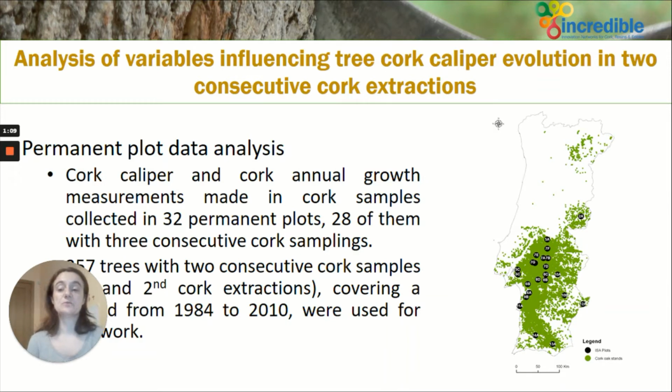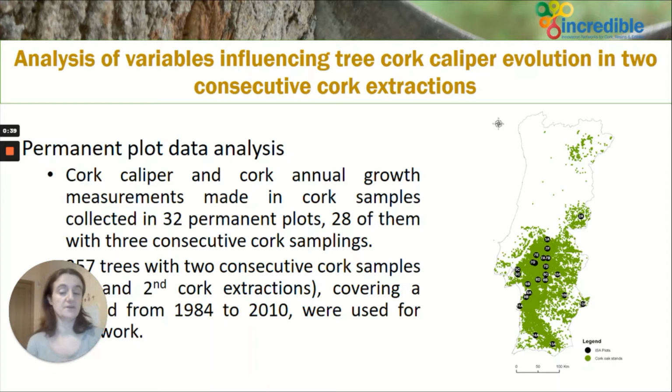So for this, we are using a data set coming from a permanent plot network that is shown in this graphic to the right. It includes 32 permanent plots. 28 of them already have 3 consecutive cork samplings, but in this research we will only be using the data collected from the first 2 cork samples.